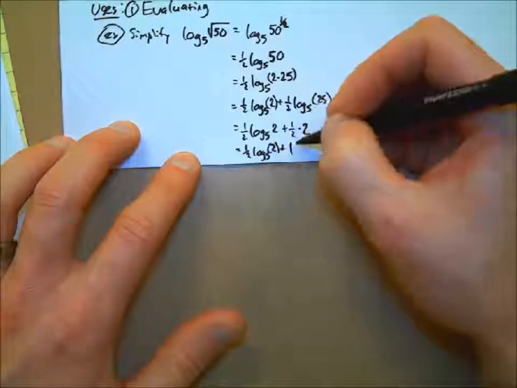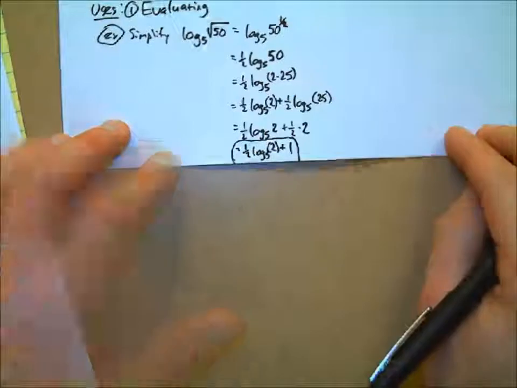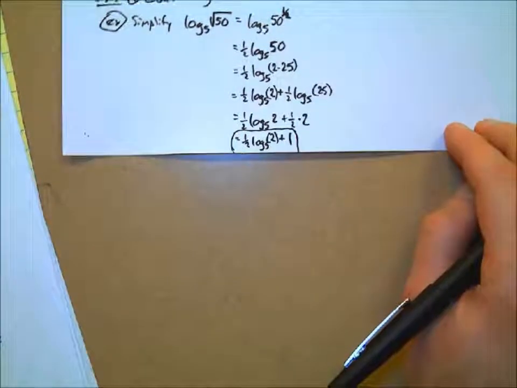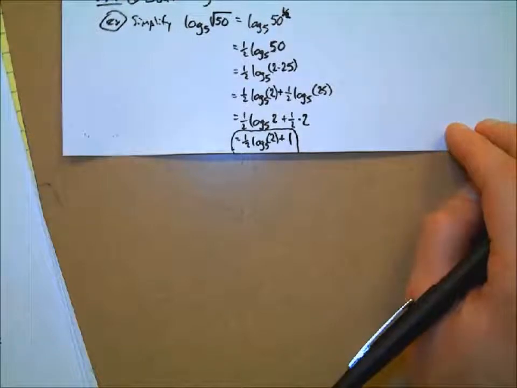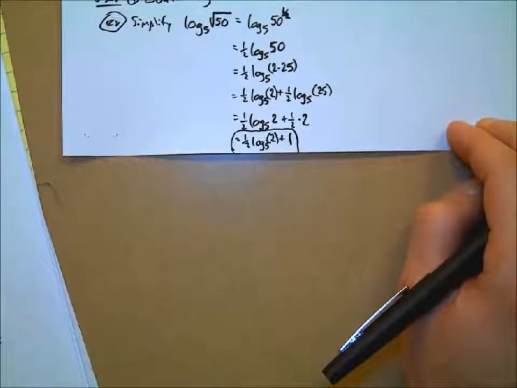And that's our final answer there. Okay, that's the best we can do, because there's no easy way for us to take 5 and rewrite it as a power of 2. So we have to leave it there. 5 to no nice power gives us 2.